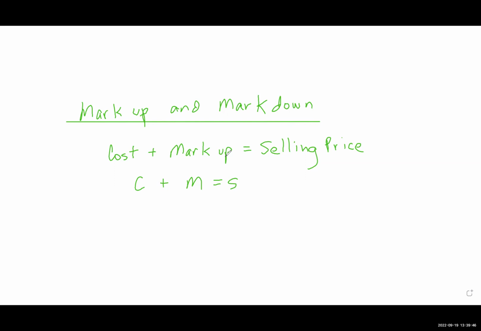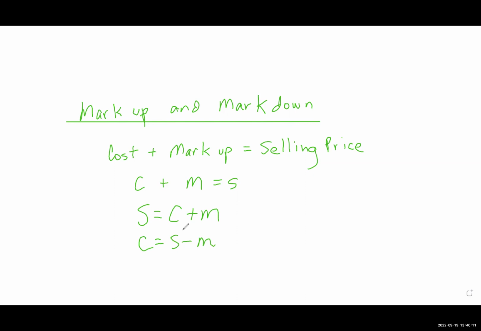So we're also going to use the formula in its other forms, meaning we're going to solve this one. Let me rewrite it this way. Selling price equals, I'm just flipping it over, cost plus markup. Then we could solve for cost, subtract markup from both sides, and the cost would be whatever that selling price is minus the markup.